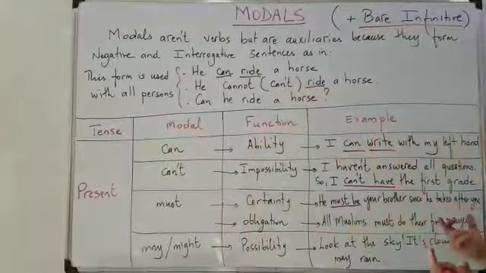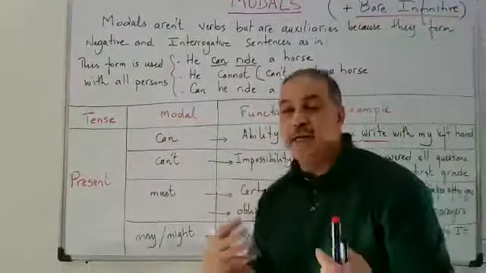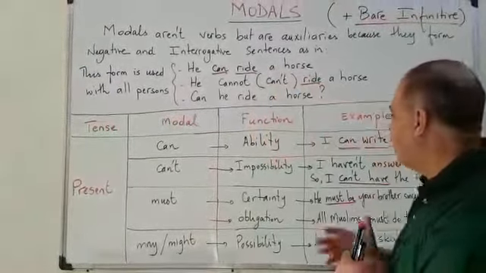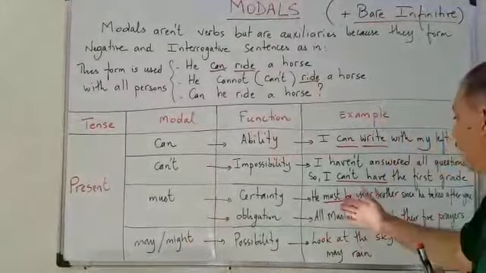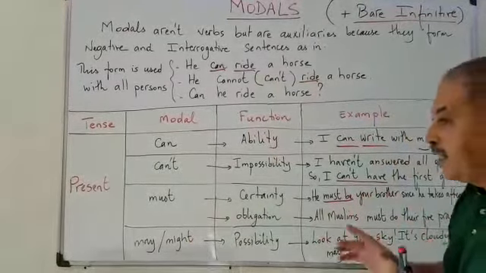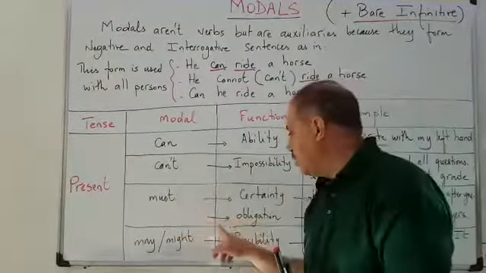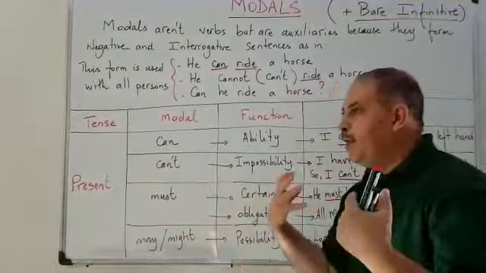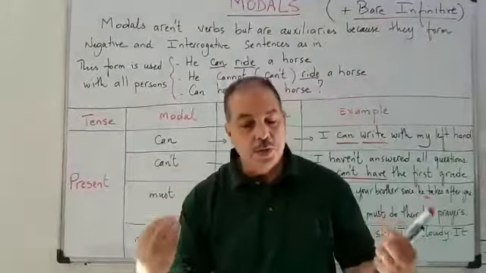He takes after you. This is certainty. هنا كنعبروا على اليقين. المعنى الثاني ديال هاد must كتعني obligation أو شي حاجة ضرورية.